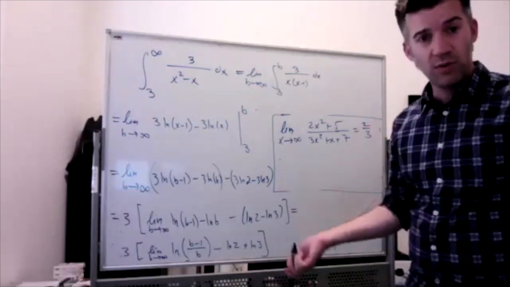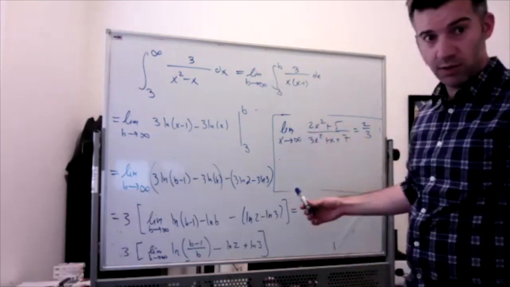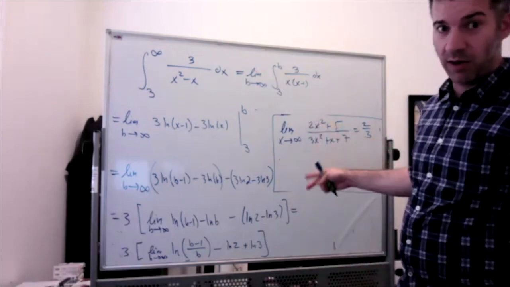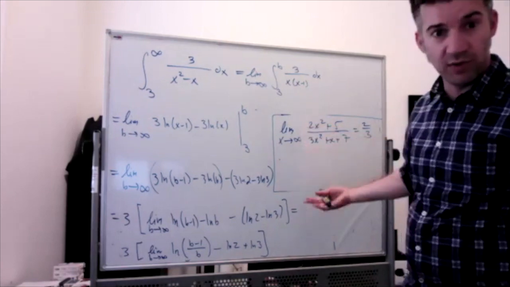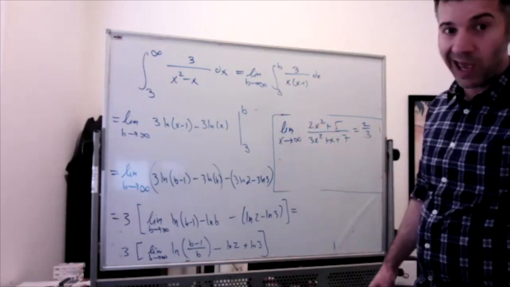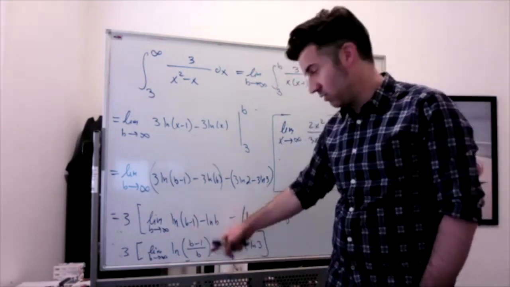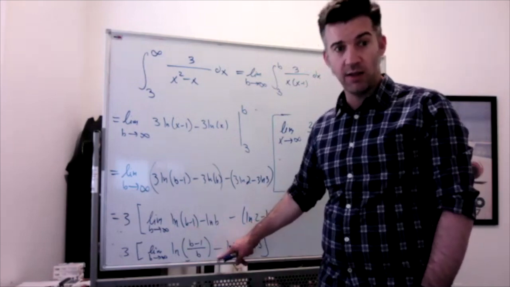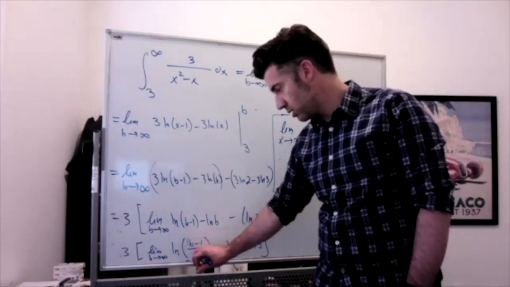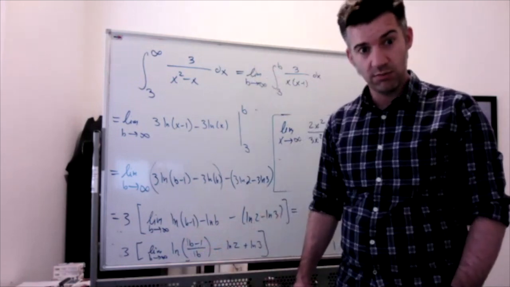Because we know this rule that when you have a limit to infinity of a rational function, where the degree on top and the degree on the bottom are the same, the limit is the quotient of those leading coefficients. That's exactly the situation we have here. We have a rational function, degree on top is 1, degree on the bottom is 1, and the limit is the quotient of those leading coefficients, which is 1 over 1.